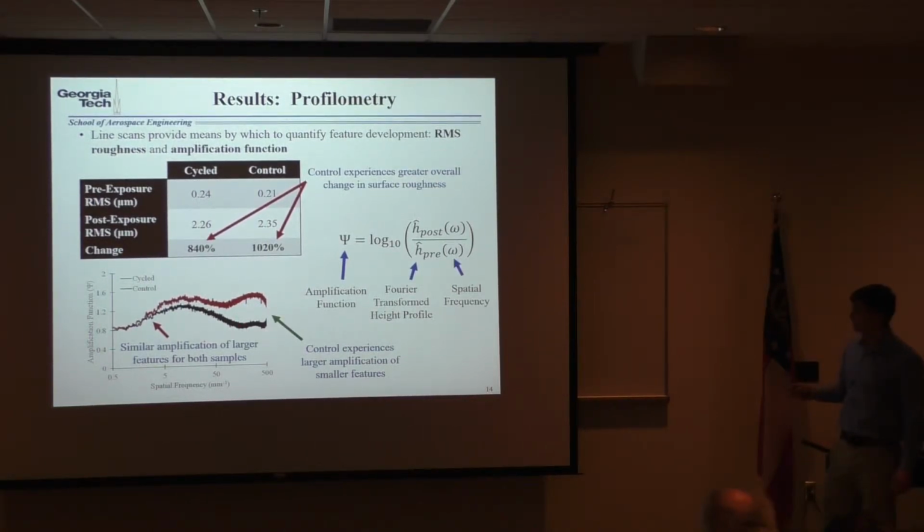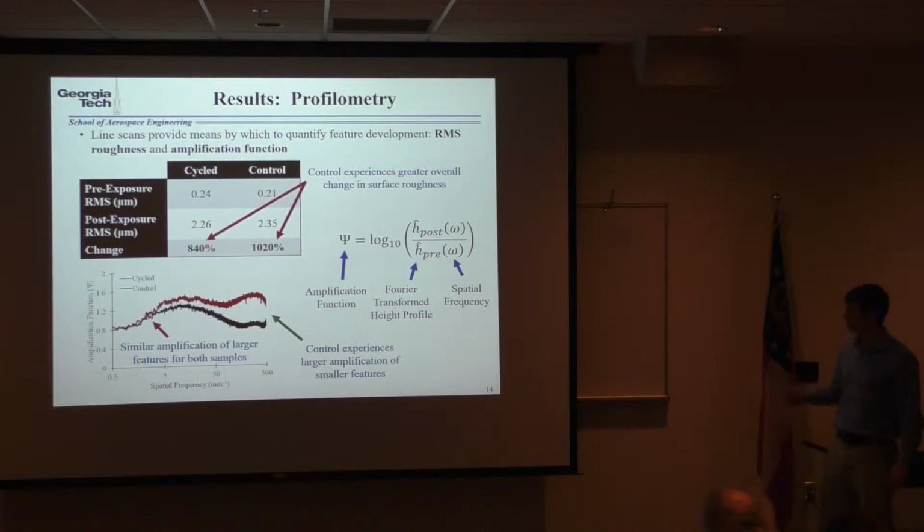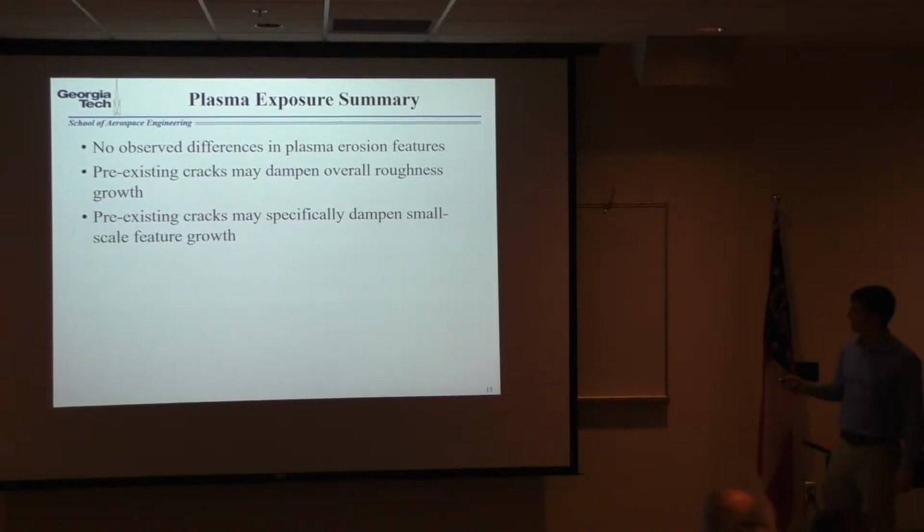So what that appears to mean is that the cracks are for some reason dampening growth of small feature amplification specifically. Maybe this trend over here is real, and it's happening at these small scale features. So that's just the summary of those results.